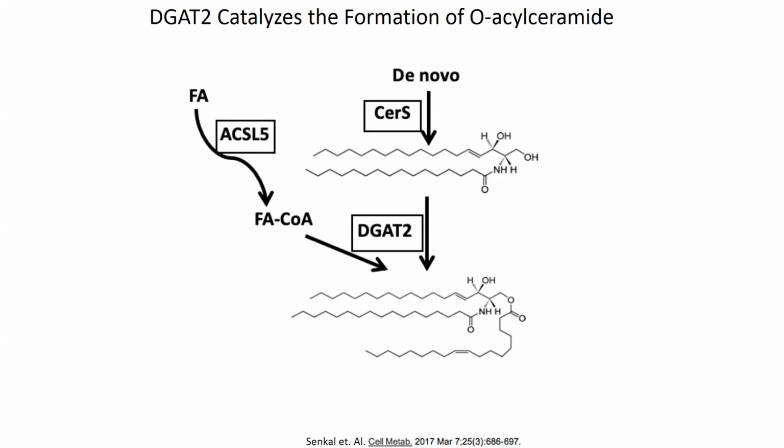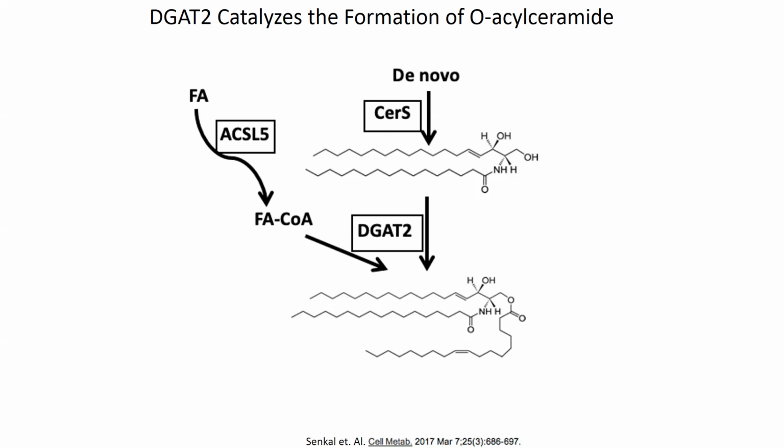And again, this is in John's paper, we did knockout and manipulation to prove, and then we showed by biochemical studies as well that de novo ceramide synthesized by ceramide synthases that I told you about, the 6 enzymes, all interact with this ACSL5, and they also interact with diacylglycerol acyl transferase to form this acyl ceramide. So this is a new pathway in lipid synthesis that we discovered and we're very excited about.